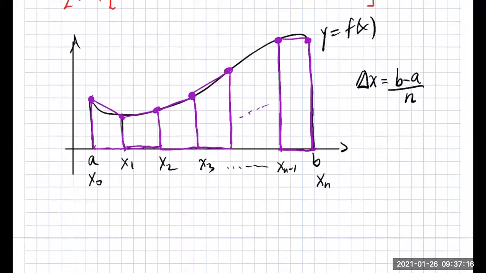Okay, and then find that the area is approximated by 1/2 delta x times the sum.